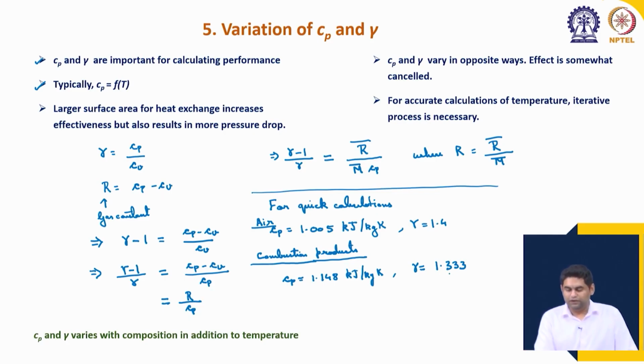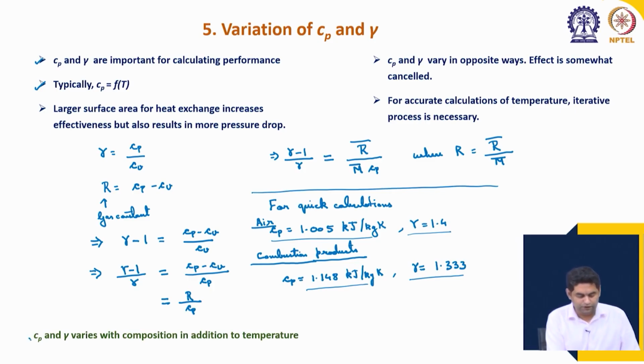So, for the turbine or the expansion process where we have combustion products, we will take Cp as 1.148 and gamma as 1.333, whereas for the compressor and air side calculation we will take 1.005 and 1.4 as gamma. So, we have to be careful.